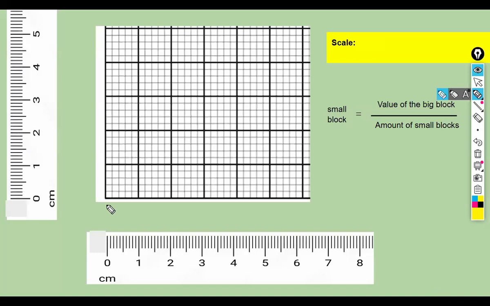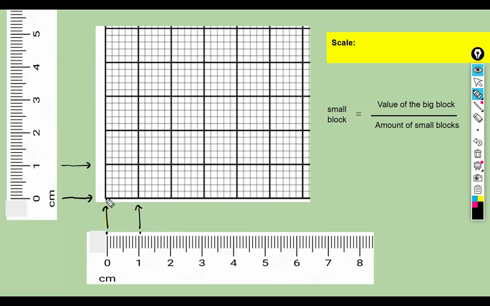So clearly we can see here that each block is 1 centimeter. We can see it here. It goes from 1 to 1, even on the y-axis. Now, I need everyone to get your ruler and confirm whether every block on the x-axis is 1 centimeter or not.